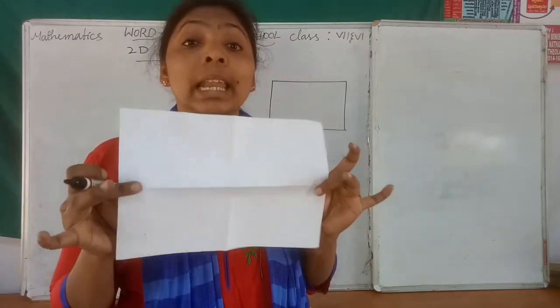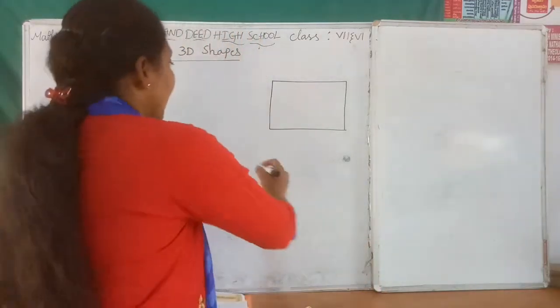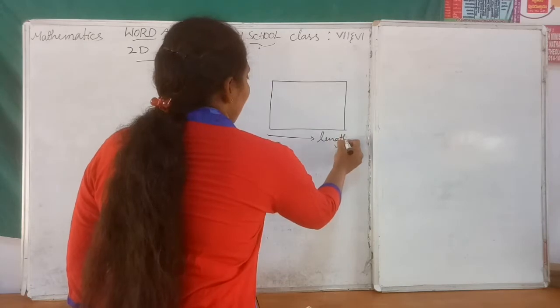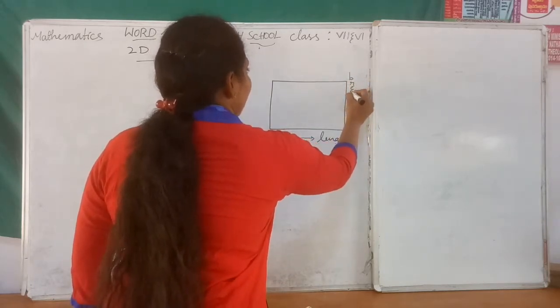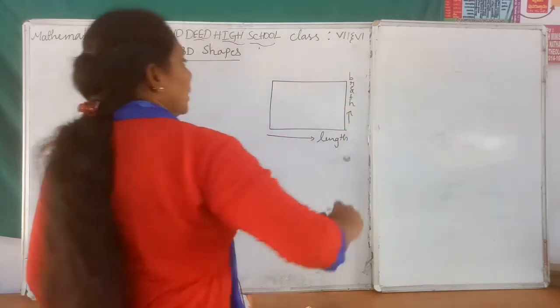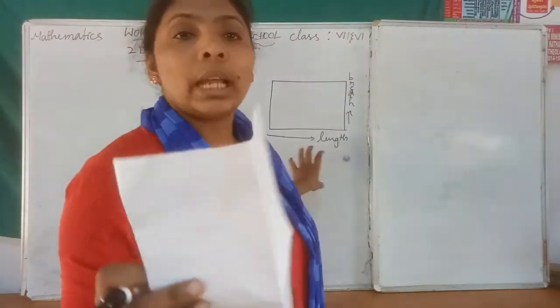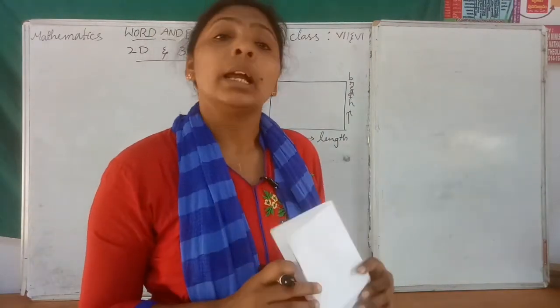That means the rectangle has only 2 dimensions. What are they? Length and breadth. So the rectangle has only 2 dimensions, length and breadth.